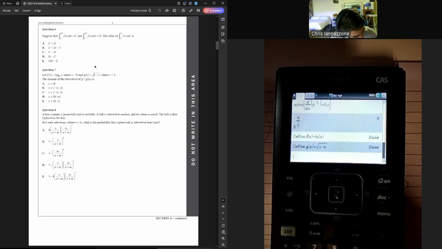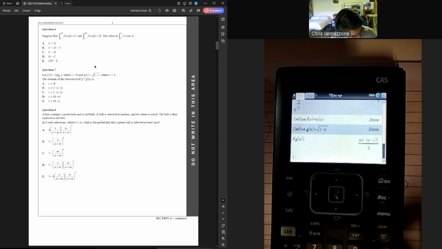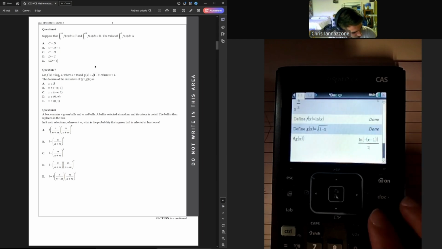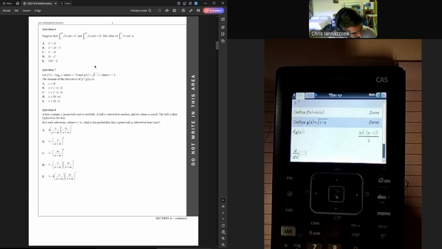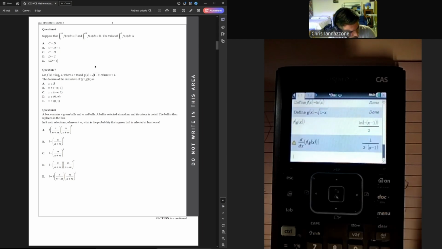So f of g of x would look like that. All right. So what we want to do is find its derivative. So d dx of f of g of x. And that's going to give us 1 over 2 bracket x take 1.